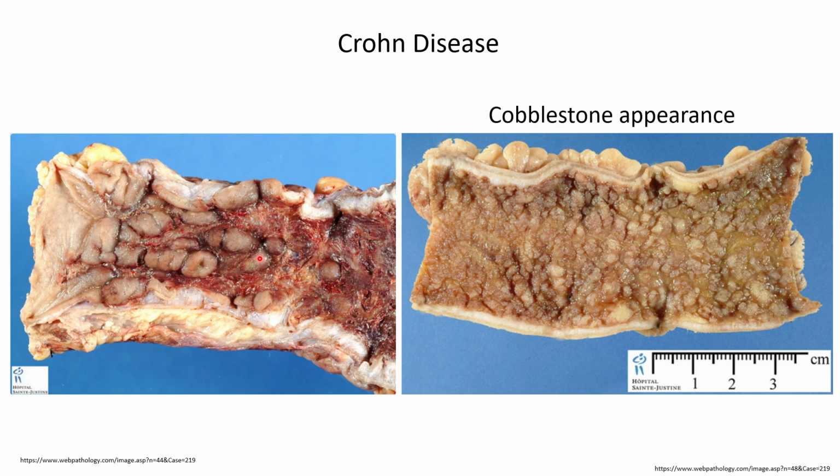These islands of uninvolved mucosa bulge from the surface and create a pseudopolyp appearance and a cobblestone appearance. And here also in the picture on the right, we can see a colon that has a cobblestone appearance. There is extensive ulceration and the residual uninvolved mucosa creates a cobblestone appearance.